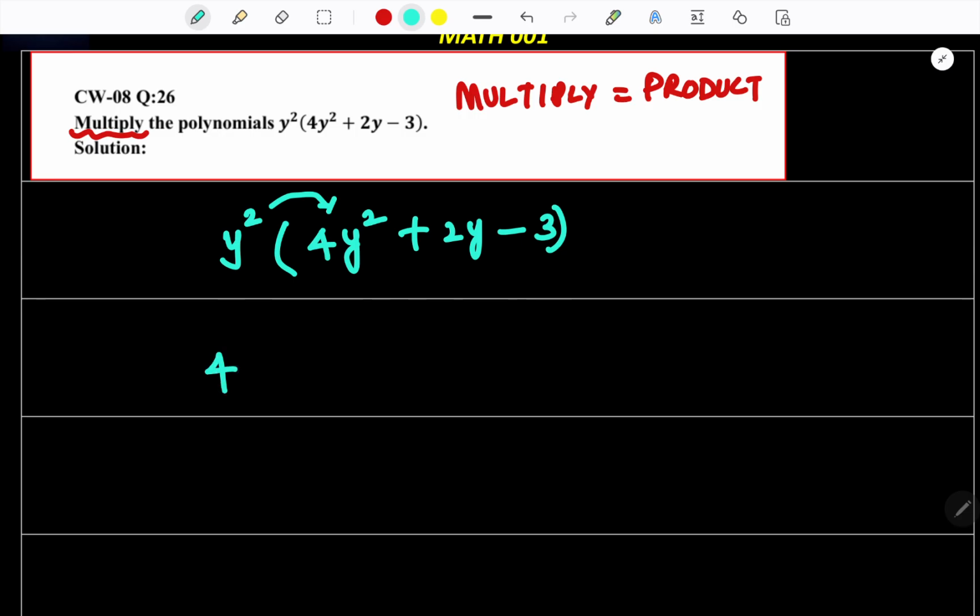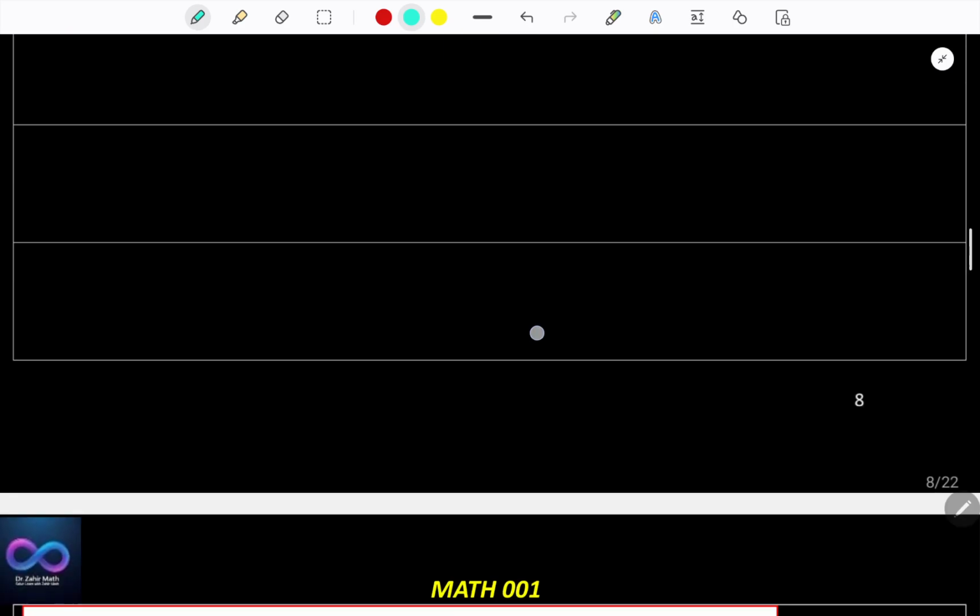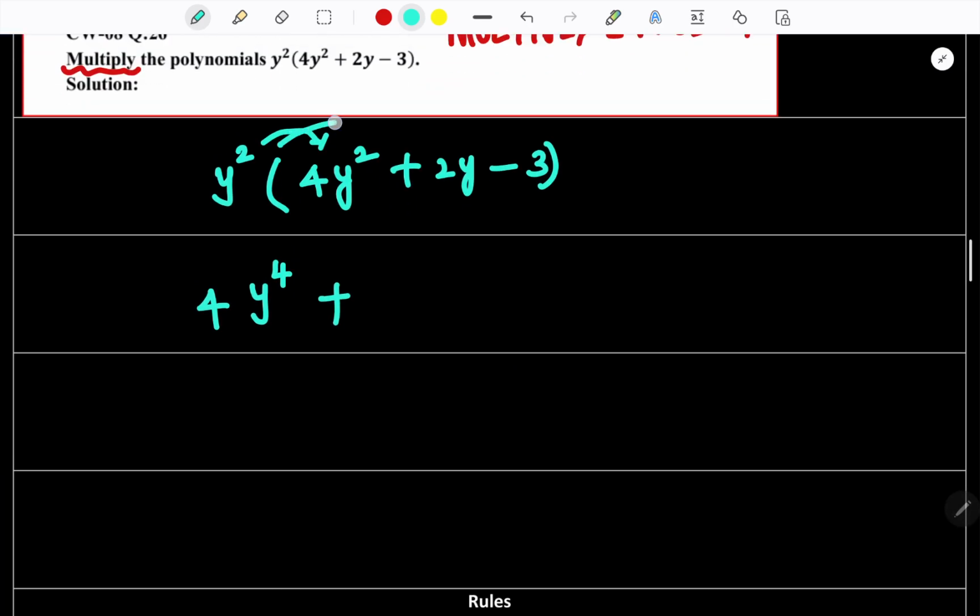And y square, y power 4. And then plus. Next you are going to multiply y square with this. So you will get 2 and then y square, y is what? Y power 3. And then again with this. So which is minus 3y square.